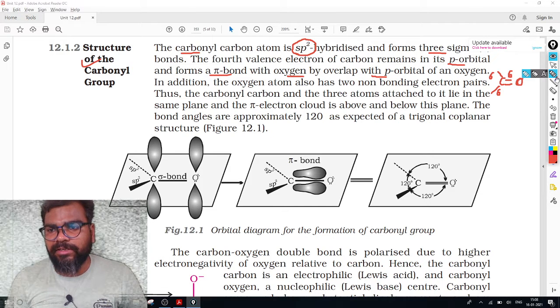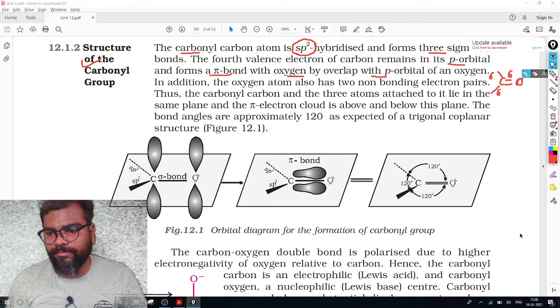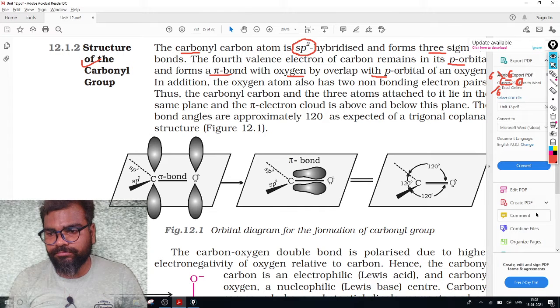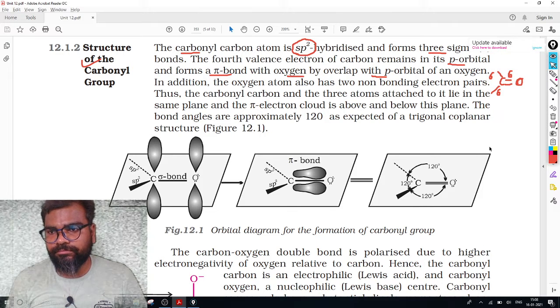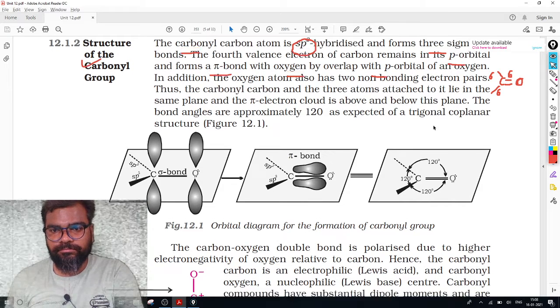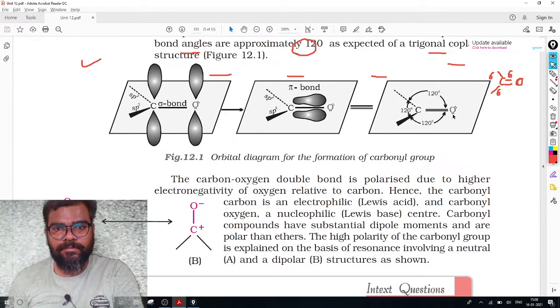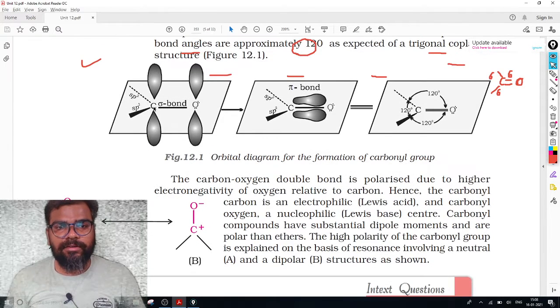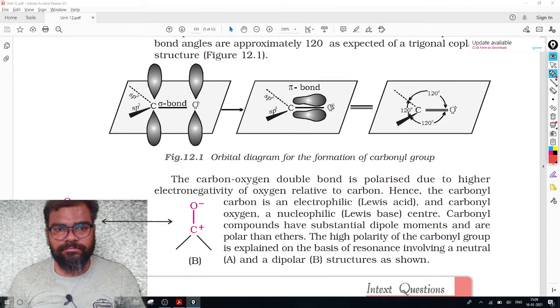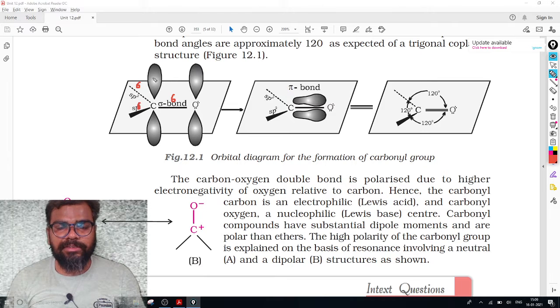You can see in the diagram: one sigma, second sigma and third sigma, and then this p orbital of the carbon with the p orbital of oxygen forms the pi bond.